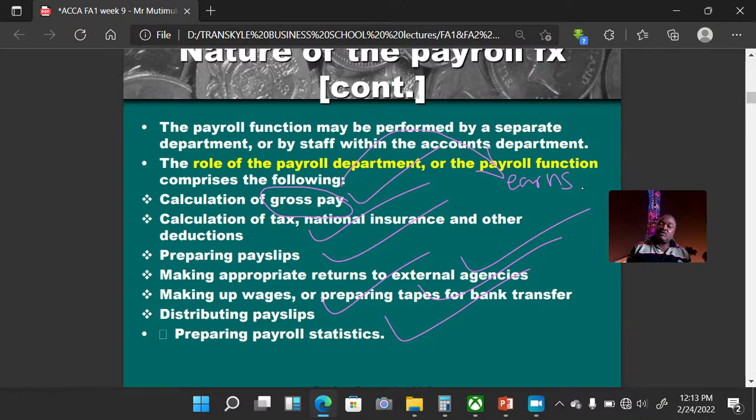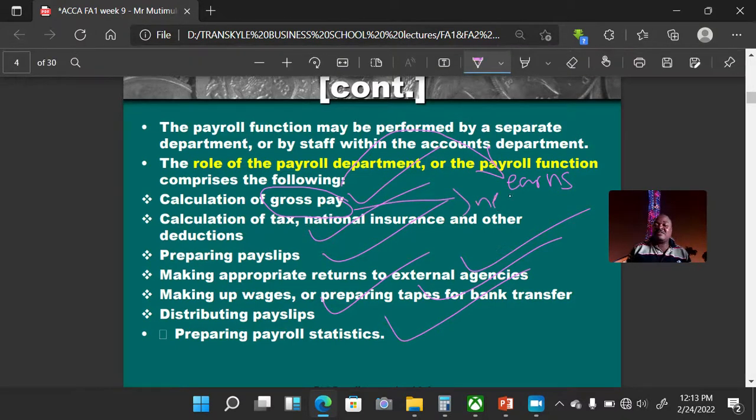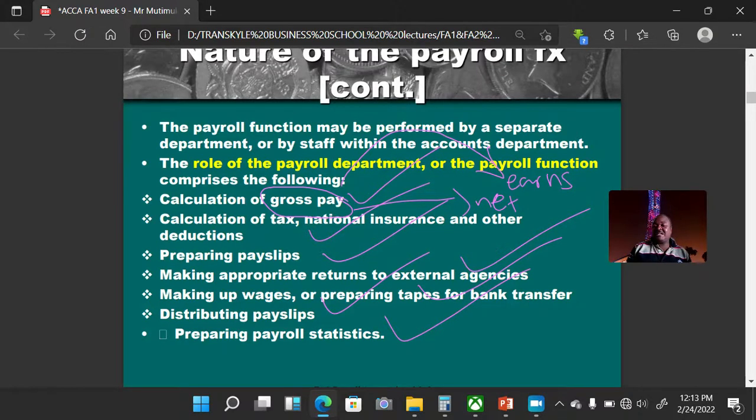Okay, but it doesn't mean that that's the amount he's going to take home. The amount he's going to take home is called the net pay. Are we together? I just wanted you to know this from the initial stages, so that we won't fight with one another as we go.